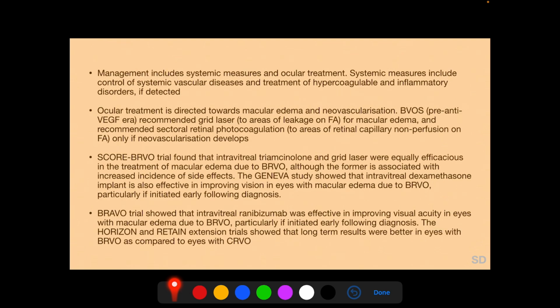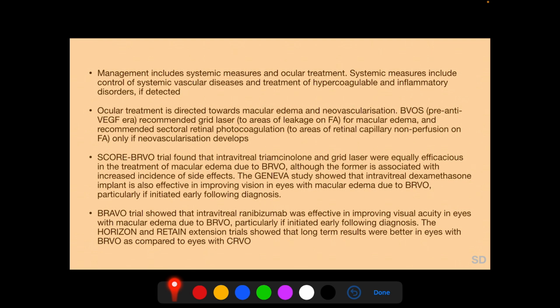Management includes systemic measures and ocular treatment. Systemic measures include control of systemic vascular diseases such as diabetes and hypertension, and treatment of hypercoagulable and inflammatory disorders if detected. Ocular treatment is directed towards macular edema and neovascularization.